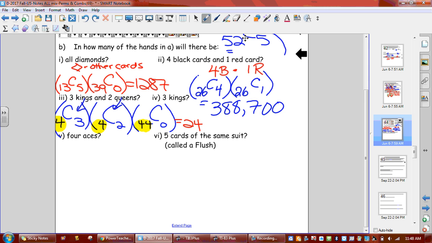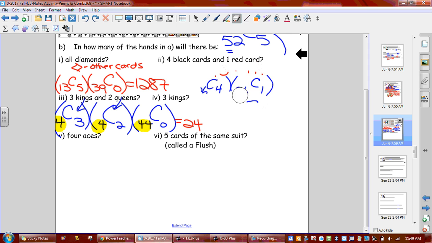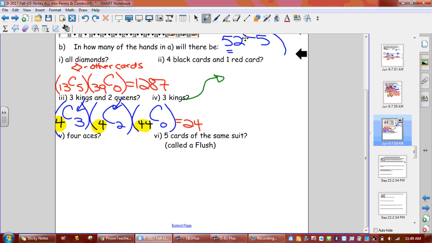Okay? So, this one, 3 kings, I'm going to draw it over here in green just so you can see it differently. So, this guy is going to give us 4 choose 3 kings, that's for our kings, times 48 other cards, I need to choose 2 of them.